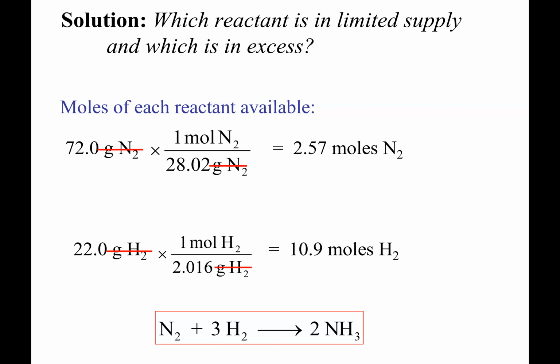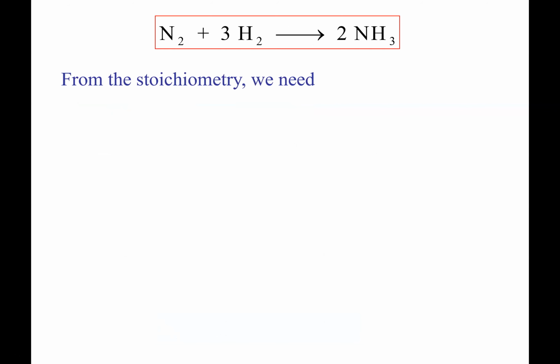Okay. So now the next step is to come up with the have ratio and the need ratio and compare the two. So here we go. We get the need ratio from the balanced equation. And I usually say, I'm into numbers that are bigger than 1.